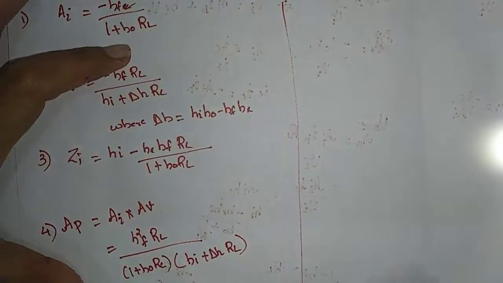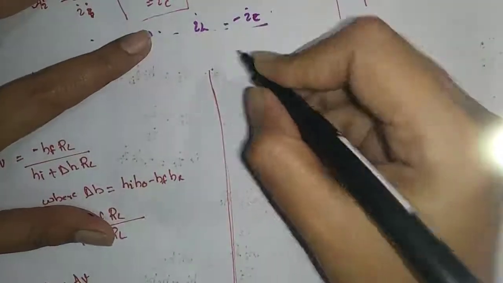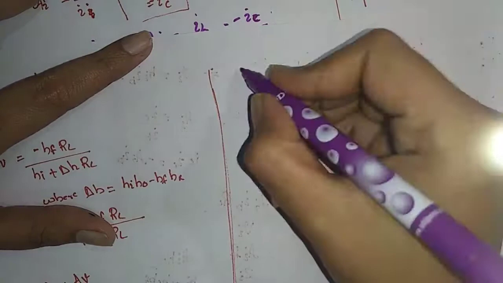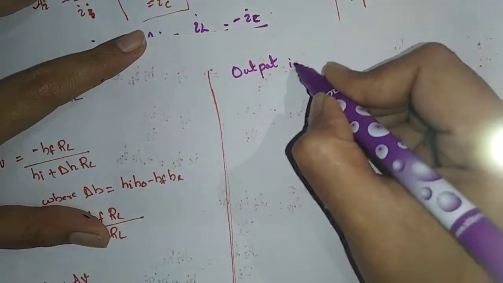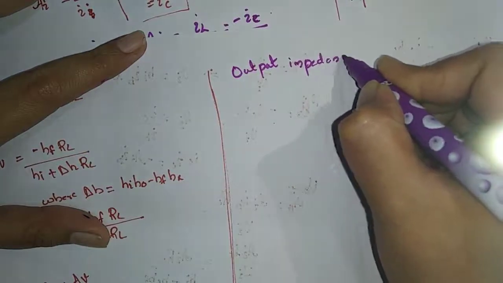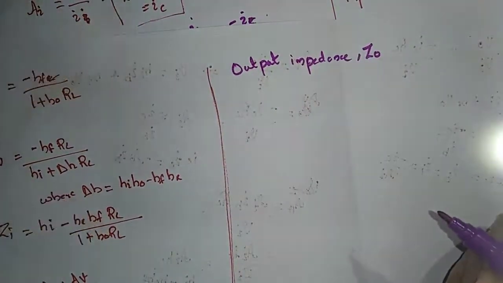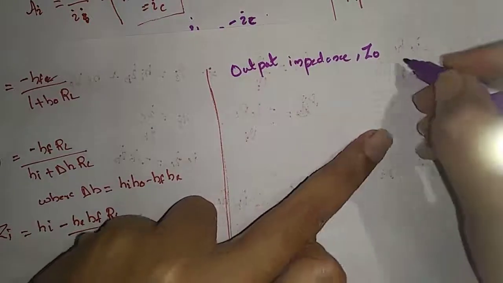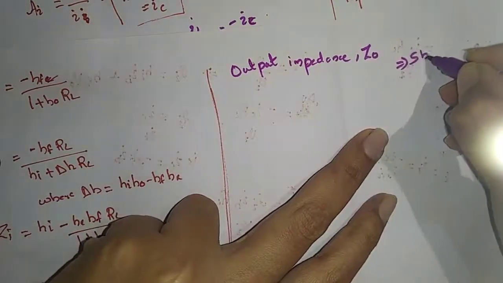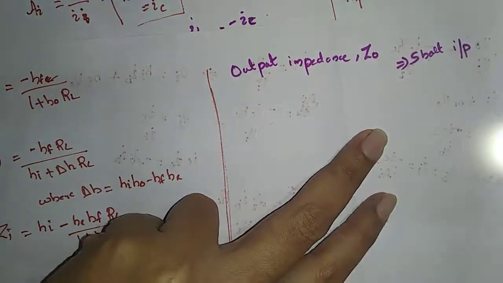In order to find out the output impedance, we have to short circuit the input.